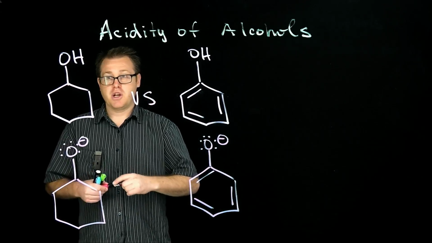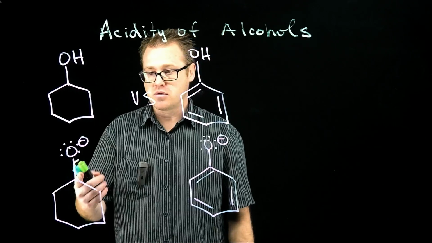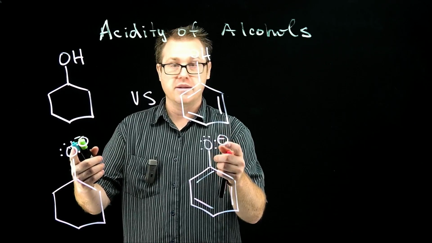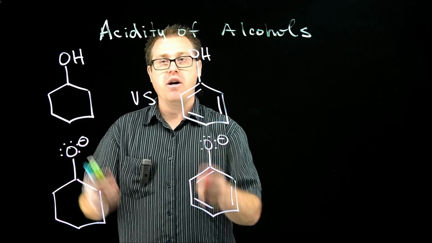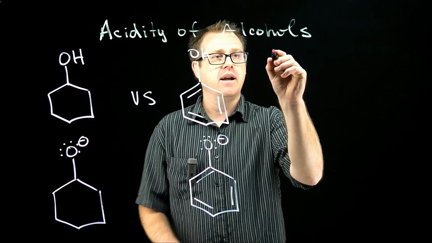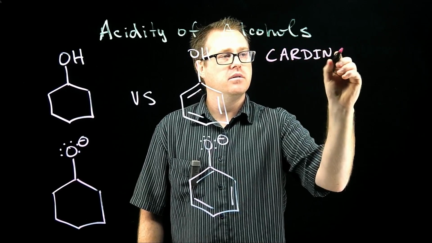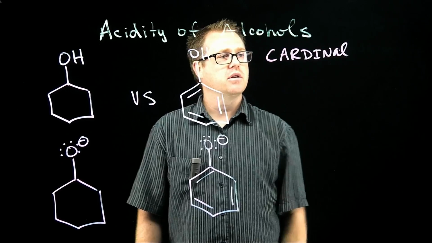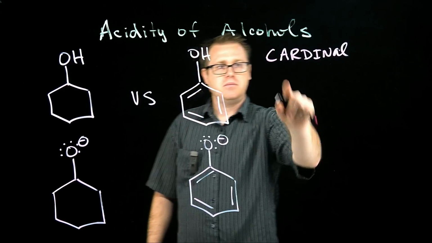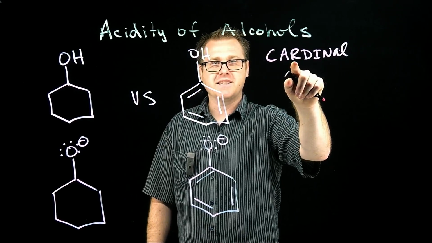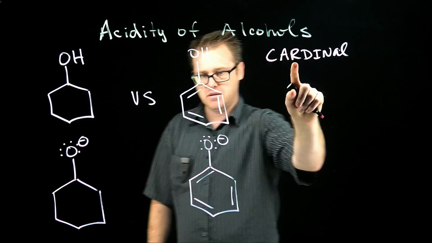So if we go through the cardinal rule, the cardinal rule says take a look at charge. They're the same charges. Let's see, A stands for atom. They're both oxygens. So if we write it down here, cardinal rule. So R, resonance. So charge, atom, resonance.